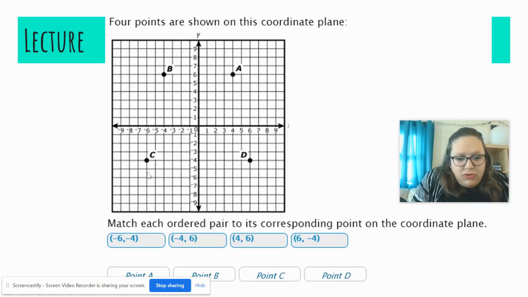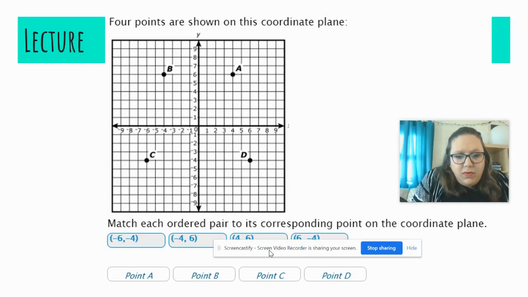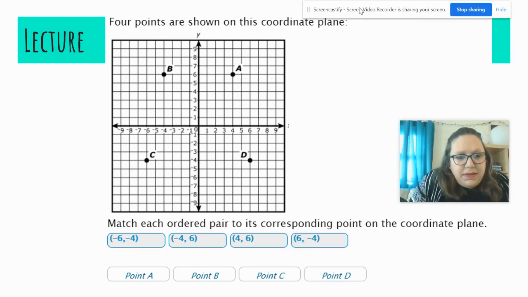All right, match each ordered pair to its corresponding point. So I see that point B is over -4, and then up 6. So point B would be -4, 6. Point A would be 4, 6.